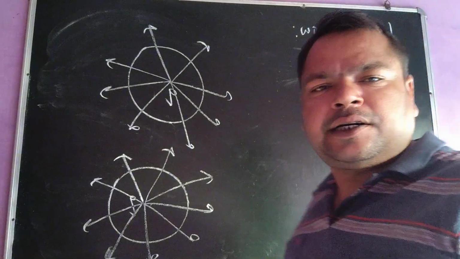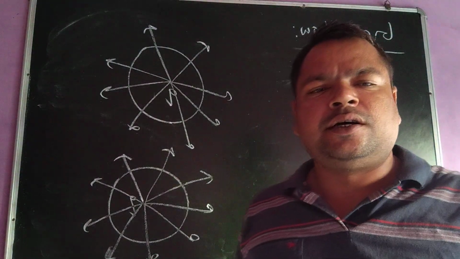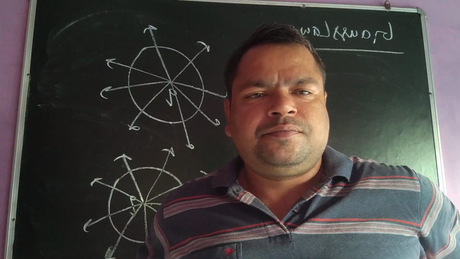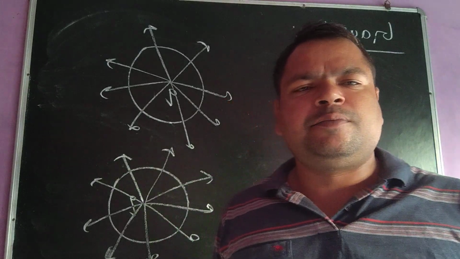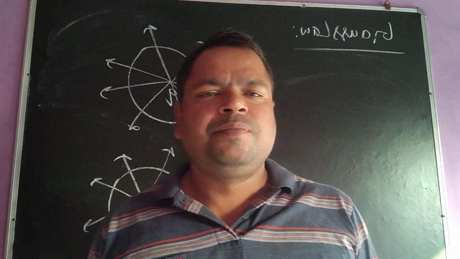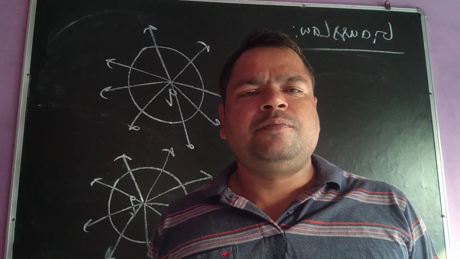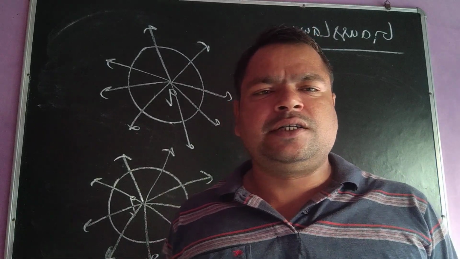So the number of electric field lines passing through the closed Gaussian surface in both cases is the same. Okay. So what was the second point? The second point was that the total flux through the Gaussian surface does not depend upon the location of the charge inside it.